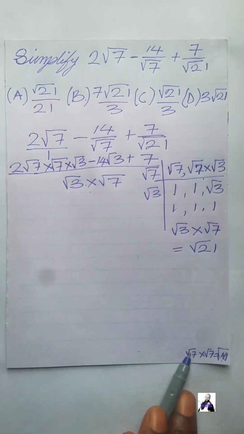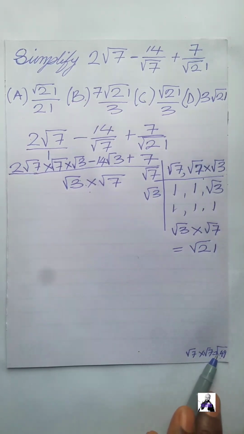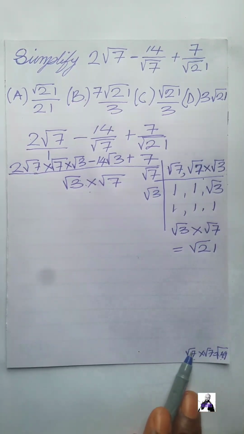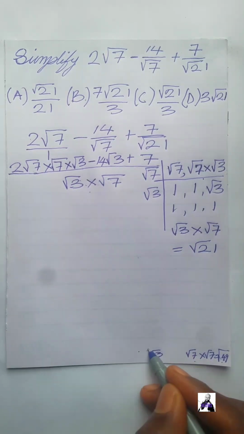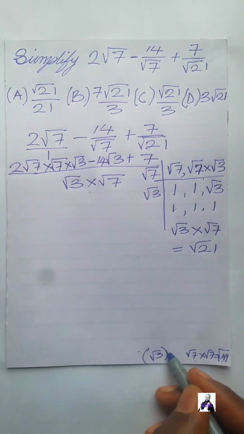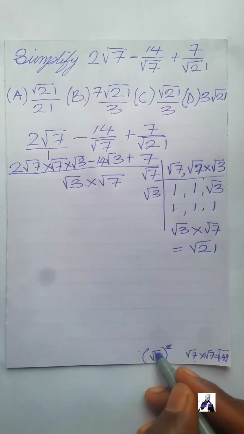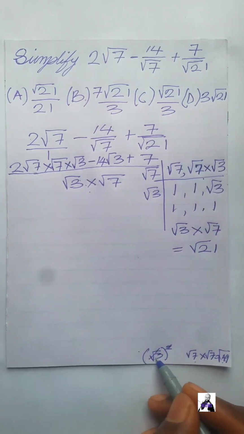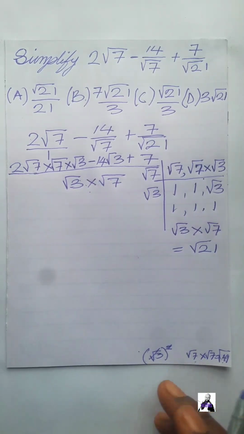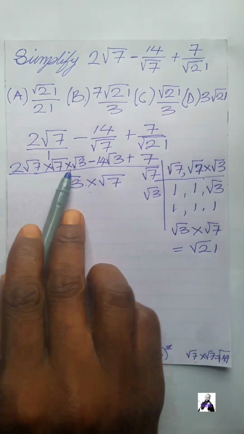So whenever you see identical roots multiplying themselves, the answer is the number without the root. Why? Because root 3 times root 3 is root 3 squared, and the root cancels the square. I hope you get that point. So that is what we are employing there.